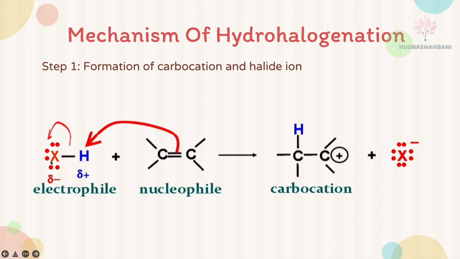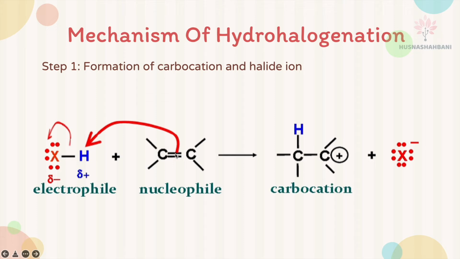The halogen in the haloalkane is partially negative because it is more electronegative than hydrogen. So this hydrogen is the electrophilic site. The nucleophilic carbon-carbon double bond will attack the electrophilic site of the electrophile haloalkane.